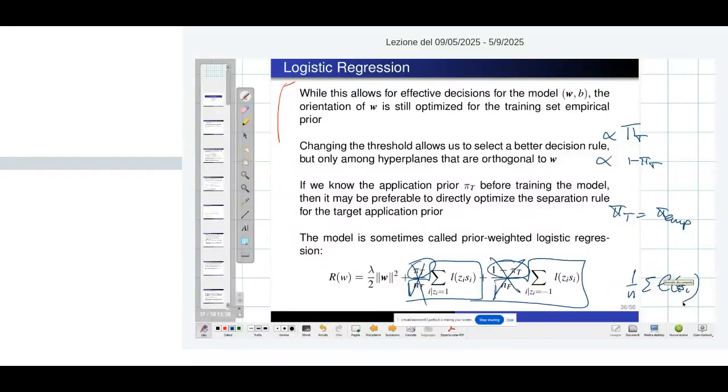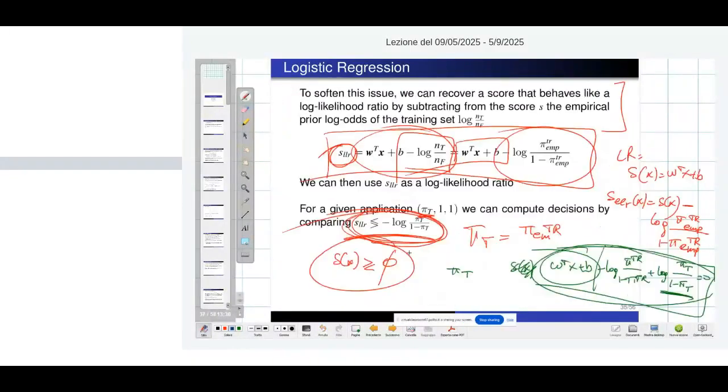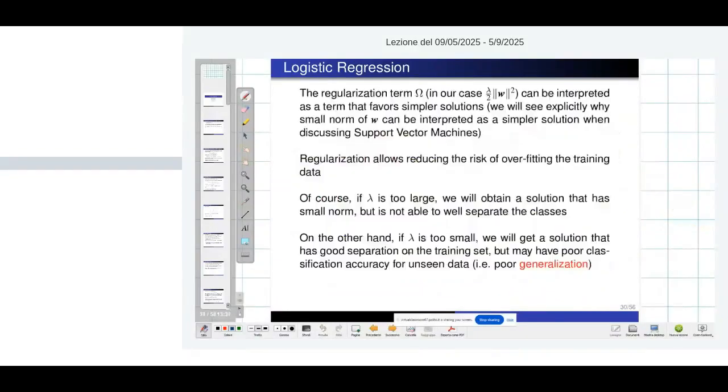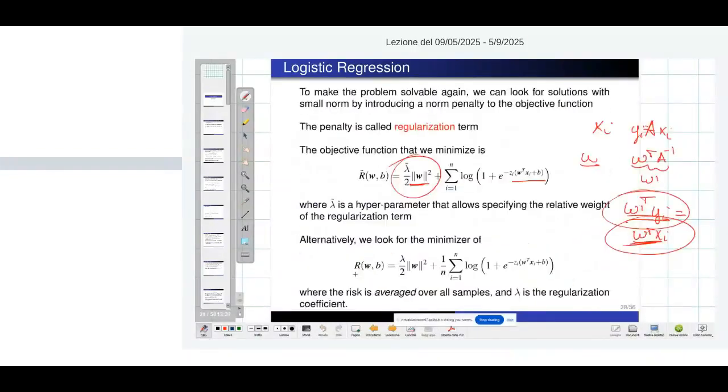So when the application prior is the empirical prior, this model becomes the model that we have seen yesterday, the last one, the regularized logistic regression with the average expression for the loss.